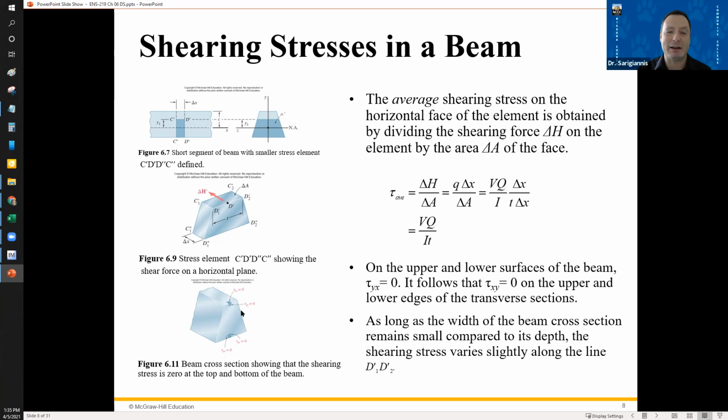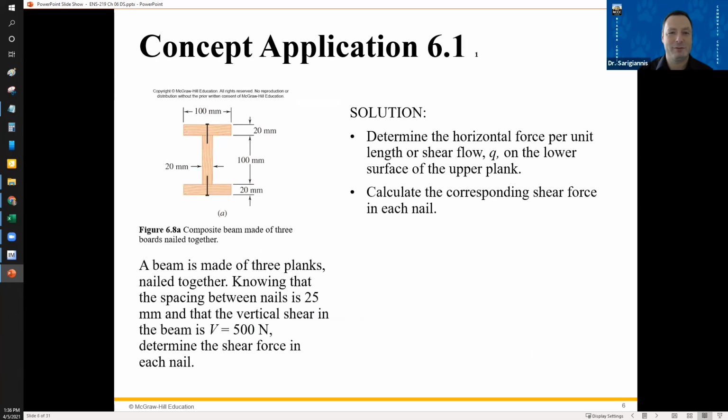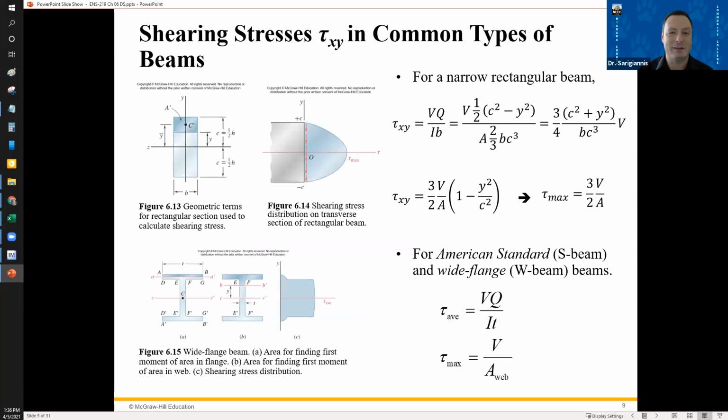As long as the width is small compared to its depth, the shearing stress only varies slightly along the line D prime 1, D prime 2, which is apparently this one right here. There's very low variation. Oh, I guess they took that out.